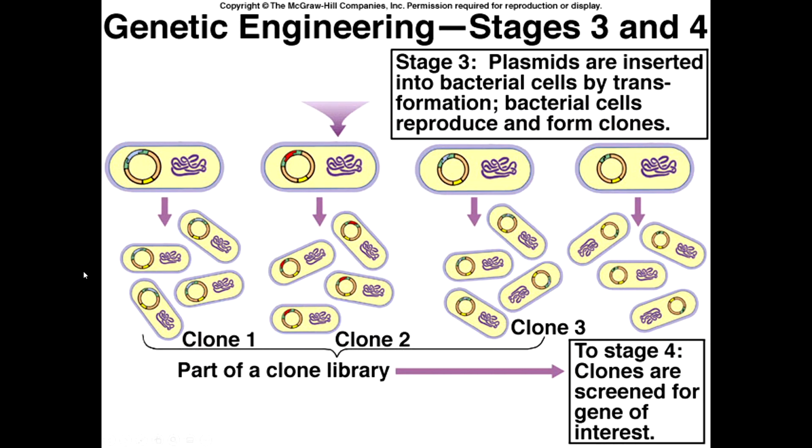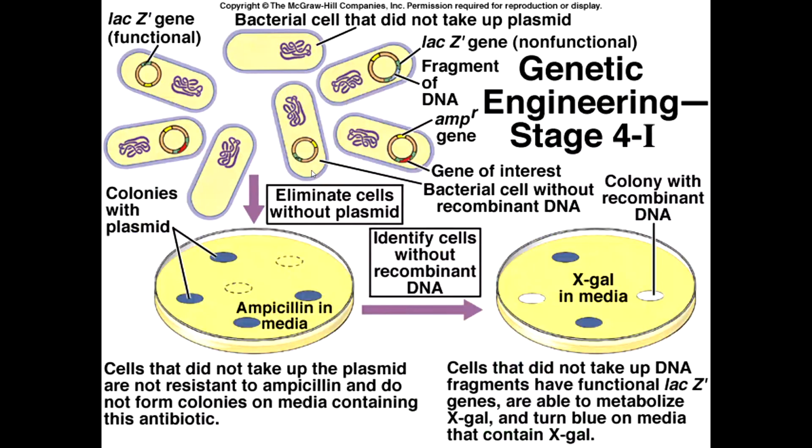How are we going to find which one's which? Because this batch is recombinant, but it doesn't have our gene of interest. This batch is recombinant, but doesn't have our gene of interest. This one's not even recombinant. This is the batch we're looking for with the red gene. Hopefully you guys are with me on this. Okay, on to stage 4.